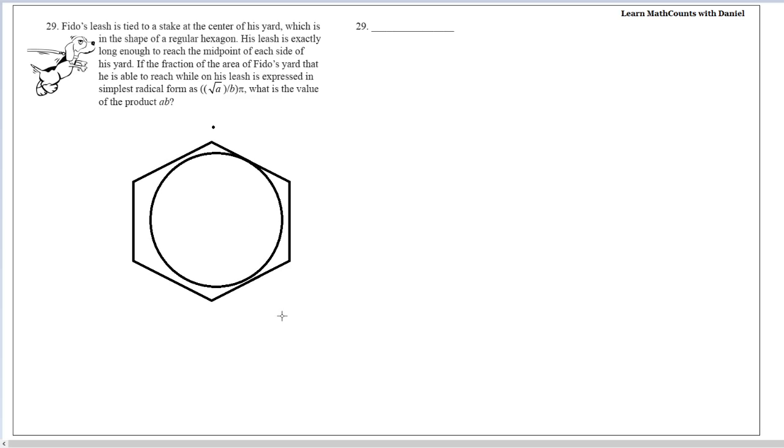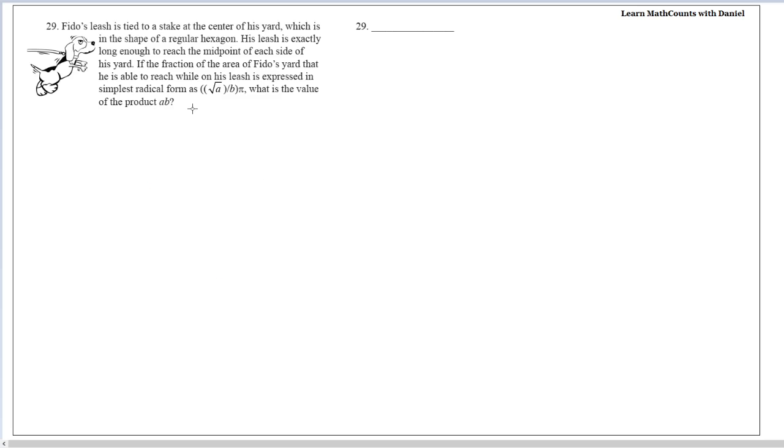So if I draw a circle like this, it doesn't exactly fit, but it's okay. These drawing tools are not that good. We have our hexagon, and the circle touches each midpoint of the yard. The drawing is not great, but I think you can see.